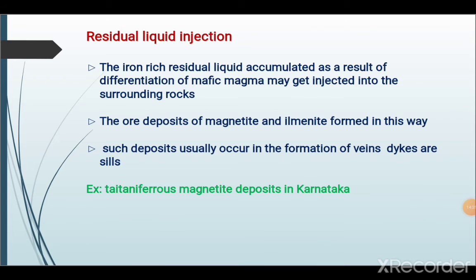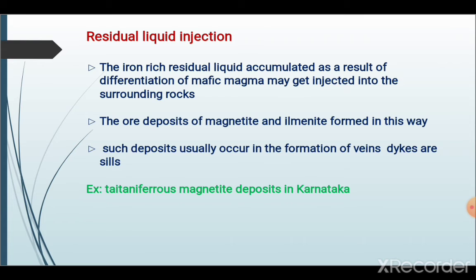The second category is residual liquid injection. In this process, the iron-rich residual liquid accumulated as a result of differentiation of mafic magma may get injected into the surrounding rocks.